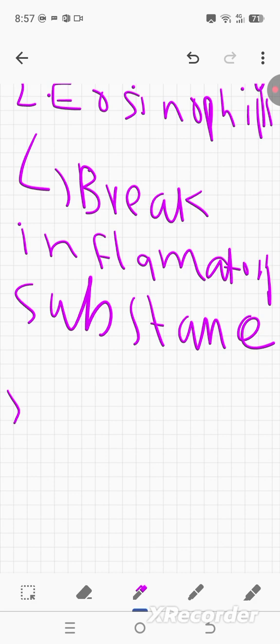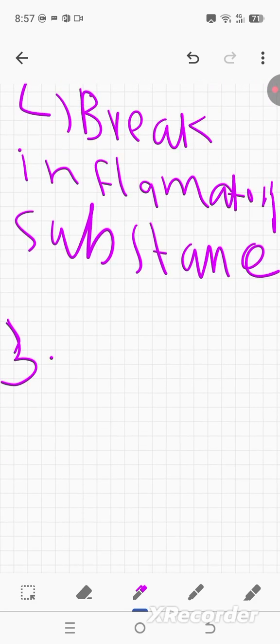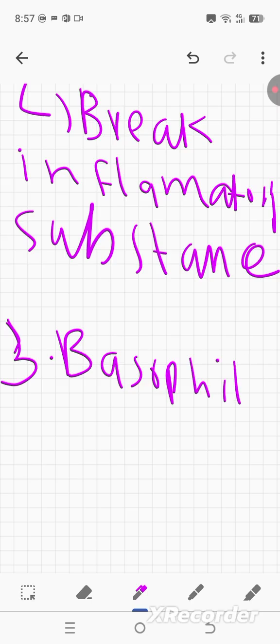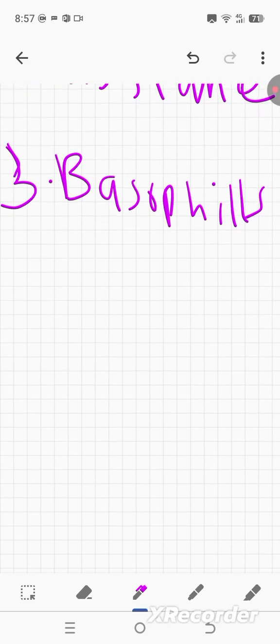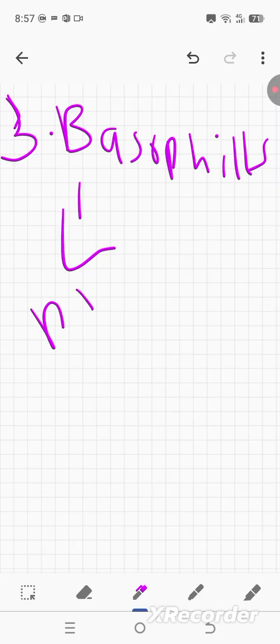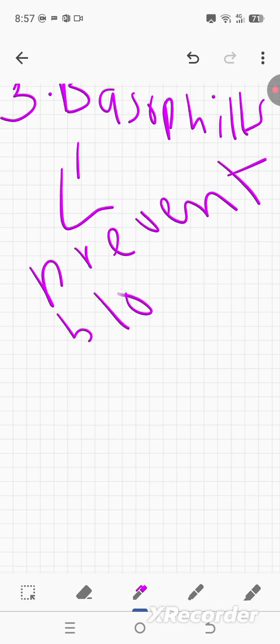Number 3, the last type of granulocytes, is basophils. Basophils simply prevent clotting. We learned that platelets help in blood clotting, but basophils are the opposite of that.